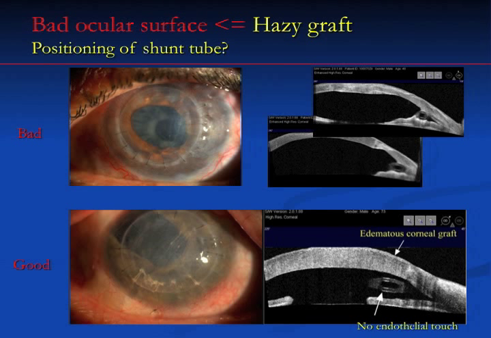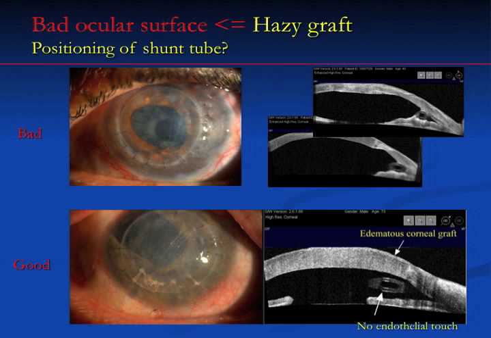Another case where the ocular surface was significantly affected was this patient that had previously undergone a corneal graft. And the question is, is the cornea hazy because the surface is very bad, or because it had a tube placement prior? Was it endothelial failure because of the touch of the graft? So again, we are looking at these two different cases.